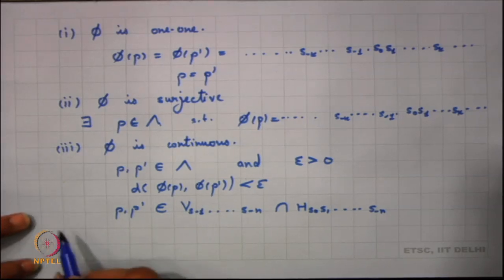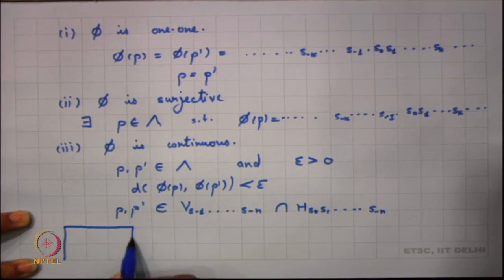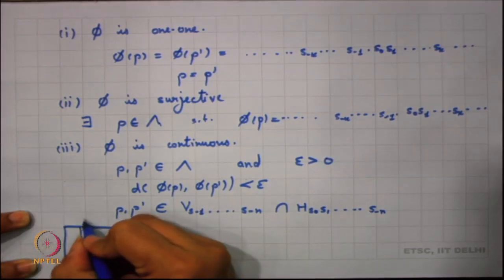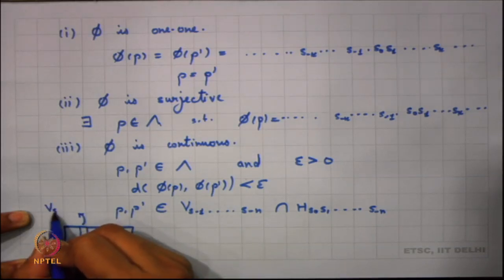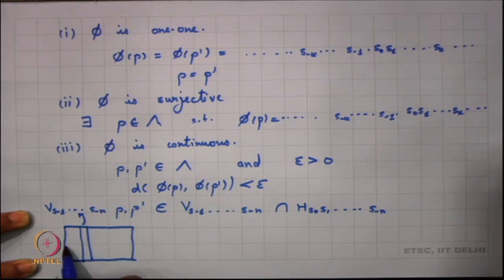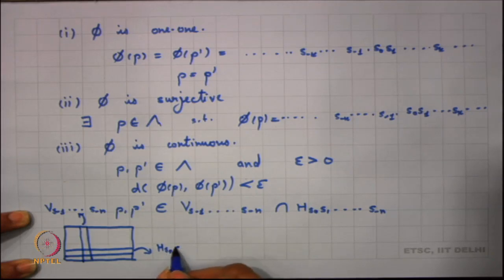What does that mean? So, let us go back to our figure once again. If we look into this figure once again, I have this vertical rectangle, which maybe I am calling V s minus 1 to s minus n, and maybe we have this horizontal rectangle, and I am calling this H s naught s 1 to s n.